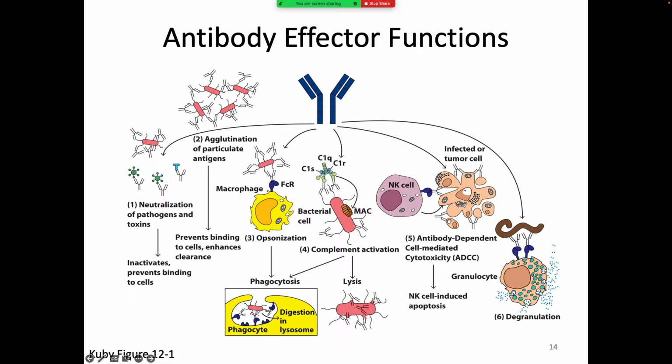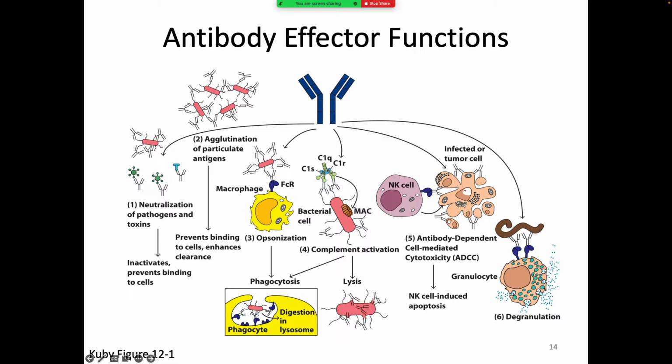This image is showing 6 different functions of antibodies, 6 different ways that antibodies can get rid of microbes. And that works for me. Sometimes I think about 5, but some of my 5 overlap, so I'll go with 6.